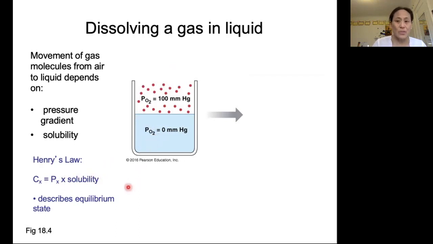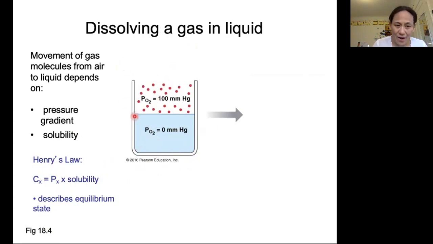I do want to point out that the number that you get out of this is going to describe the equilibrium state. So this concentration is the concentration that you end up with after equilibrium is reached.